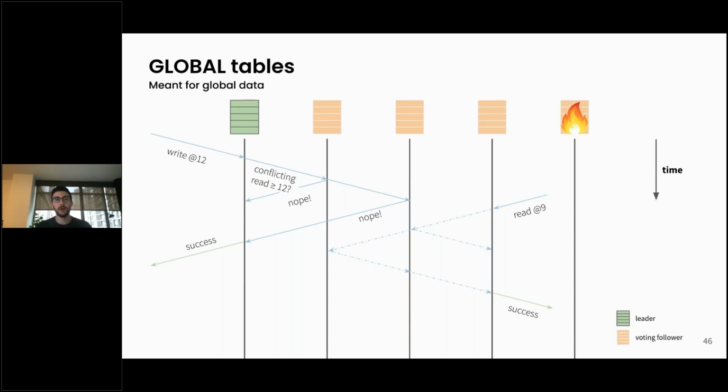This trades marginally better latency in cases where the leader is far away for more work on each read. And it also doesn't even eliminate wide area network communication during reads, because even these closer replicas may still be across a WAN hop. So it doesn't really get us what we want either.